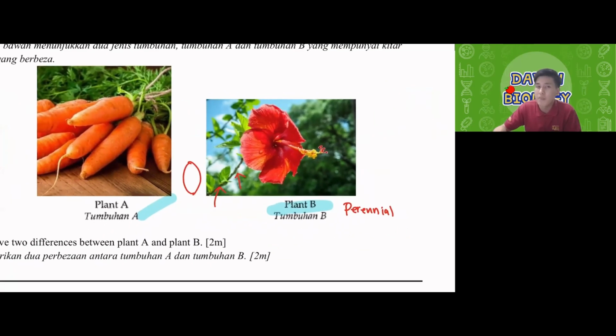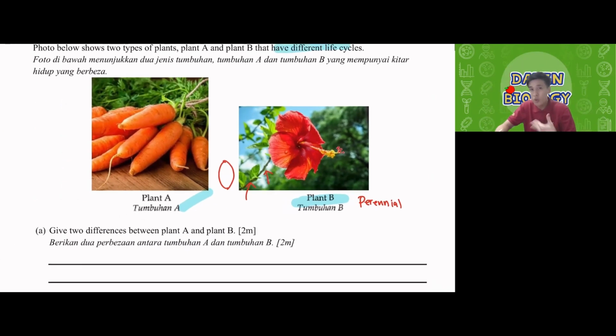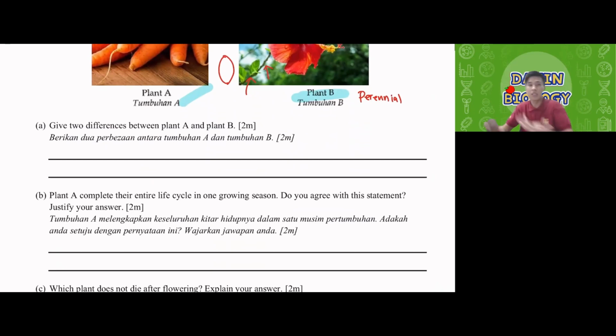But in general, their lifespan, the flower might die, but afterwards they will produce again. It's not like the flower is produced and then the plant dies. The flower might die, but the whole plant does not die. They can continuously keep on producing flowers. So they are perennial, they can bloom many times.